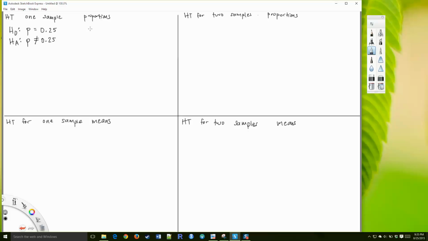You calculate the test statistic as P hat minus P0 divided by the square root of P0 times 1 minus P0 over n. This part on the bottom is our standard error.